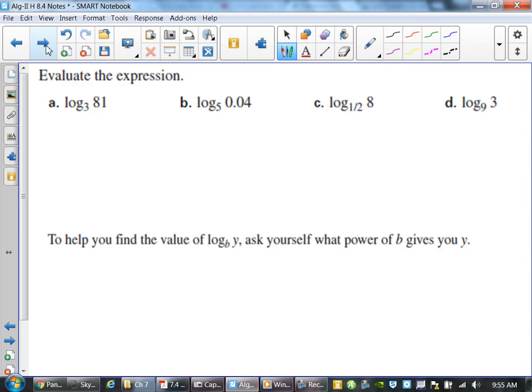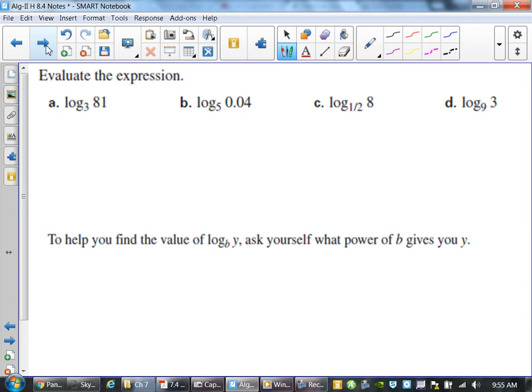Now, what I want you to do here is start thinking about evaluating without using a calculator. Yes, you can press buttons on your calculator to figure these things out, and I'll show you when we need to know the right way. But what I want you to think about is: what is the value of log base b of y?